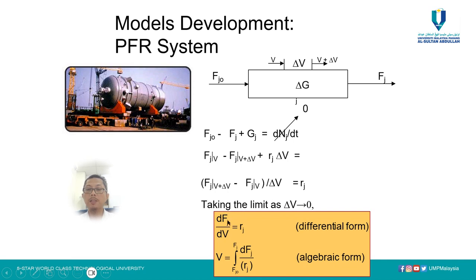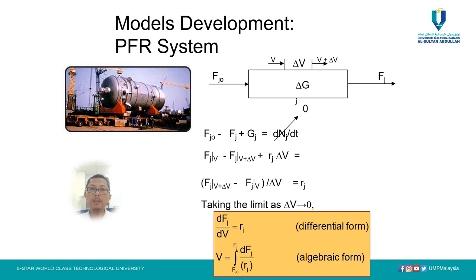The response variable is the variable that will be affected by the manipulative variable that you play around with. So V is the design variable or manipulative variable, and Fj is the response variable. You can write V in the differential form, and you can also write it in algebraic form, where we find V from this integral.